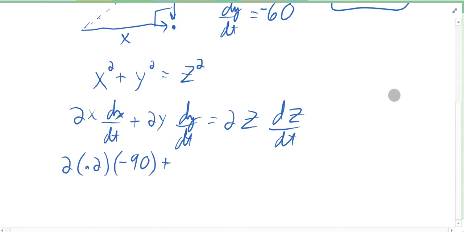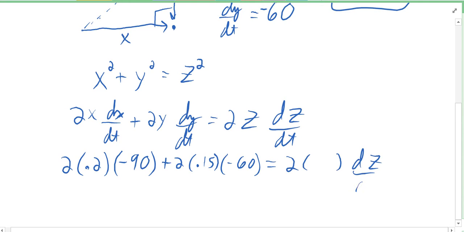Okay. Plus 2 times y, what was y? 0.15? Yeah. Okay. Thank you. Times dy/dt, which is negative 60. And that equals 2. We don't know what z is, and we're trying to find dz/dt.